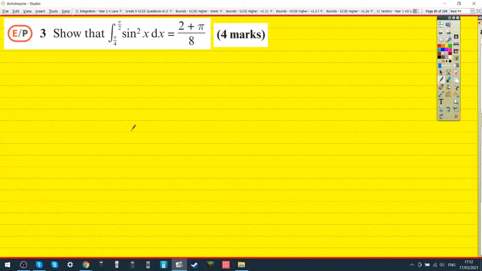So sine squared x will become minus cos squared x.